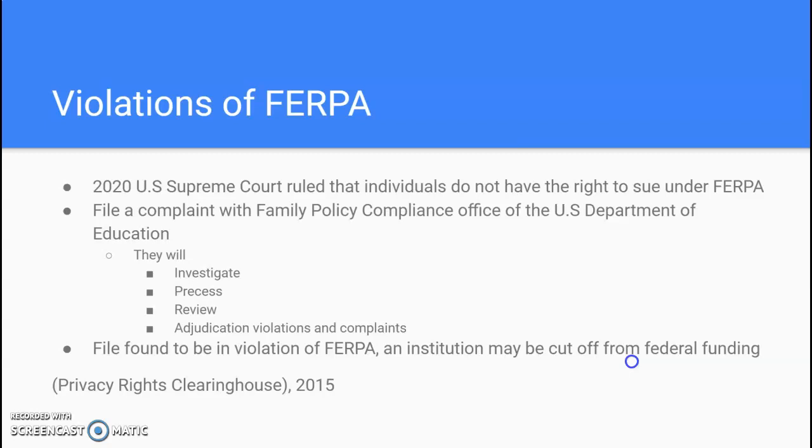From there, they will investigate, process, review, and determine if there are any violations from the complaints. If found to be in violation of FERPA, an institution can be cut off from federal funding.